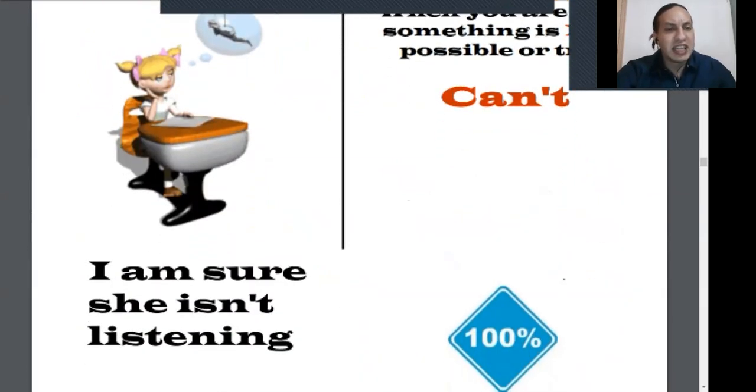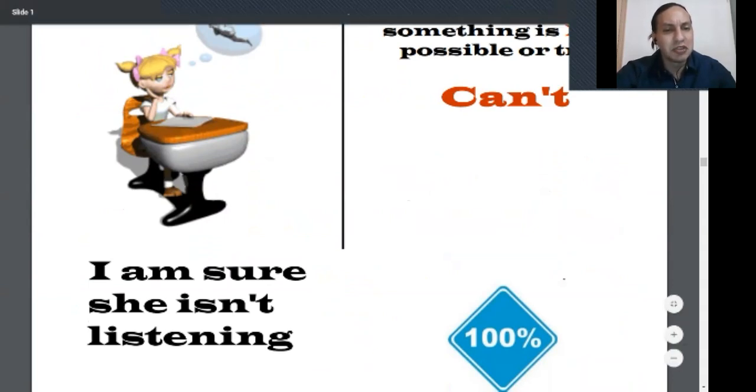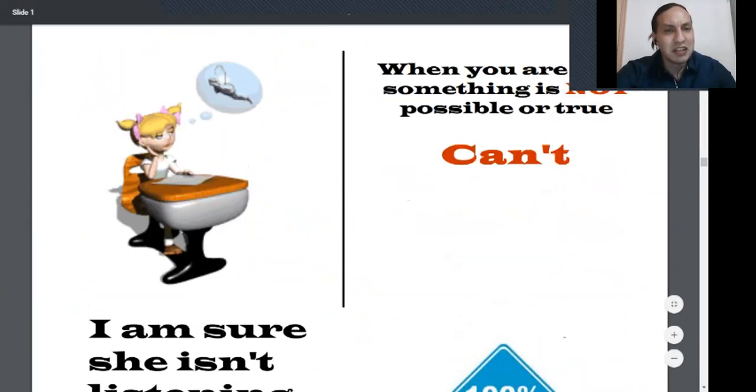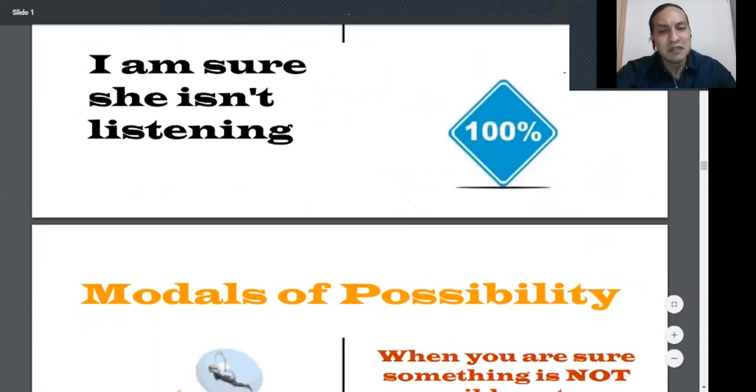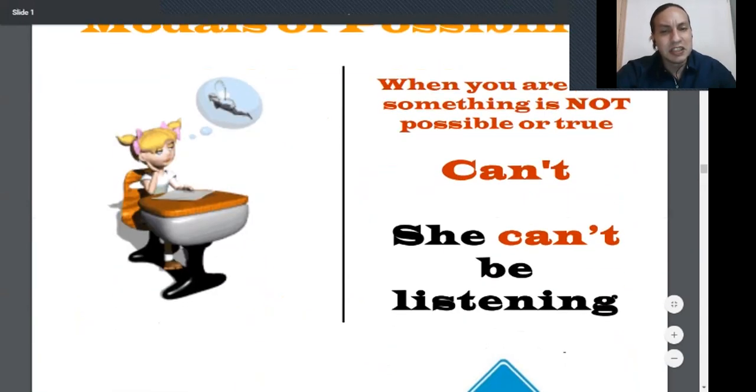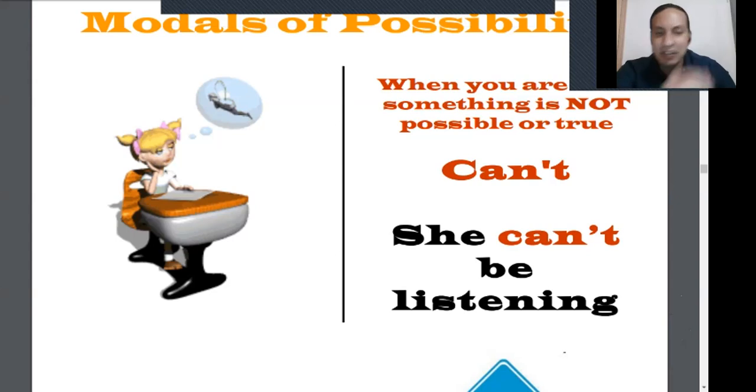I am sure she isn't listening. Right? We're going with a picture. I'm sure she isn't listening. See the girl there. She's imagining some kind of lady that's flying, some fairy tale. She can't be listening, right? When somebody looks like that, there's no possible way they're listening.